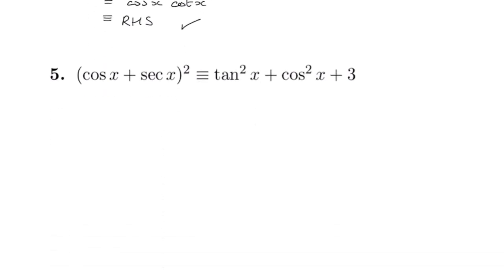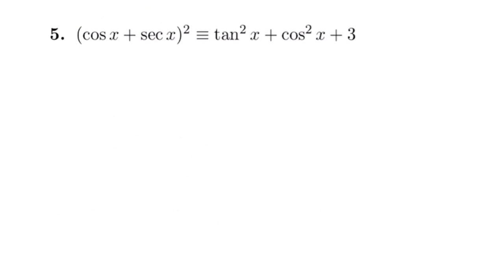Right, just got one more to have a little go at. So the last one is cos x plus sec x all squared is identical to tan squared x plus cos squared x plus 3. So I'm going to start again with the left hand side, which is cos x plus sec x squared.